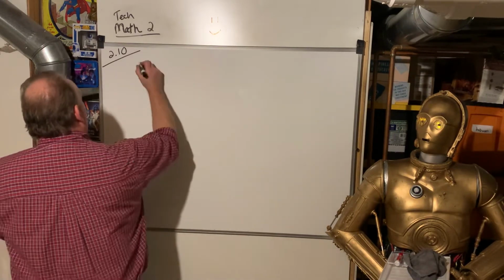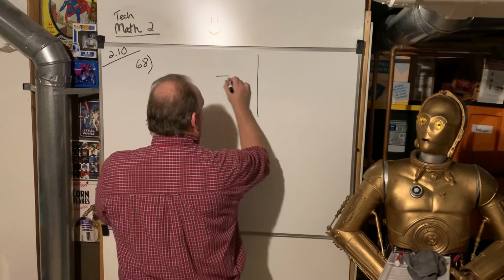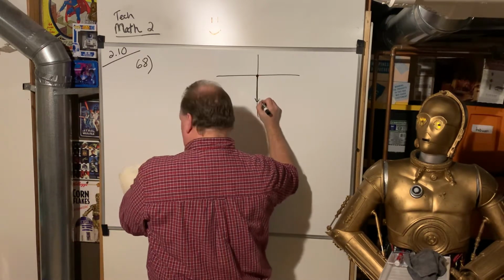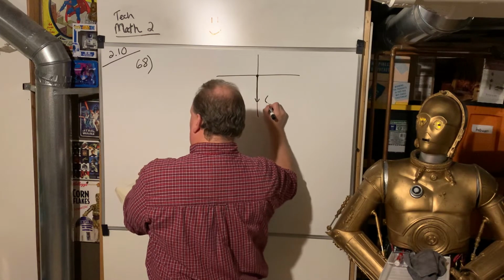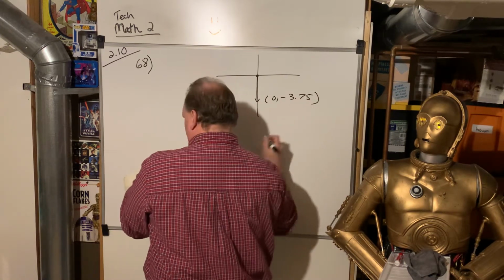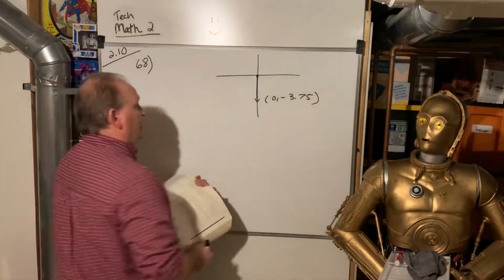So number 68, look at what we have going on here. It's on 270 degrees, straight down, and so it's 0, negative 3.75. And they have it marked OM.